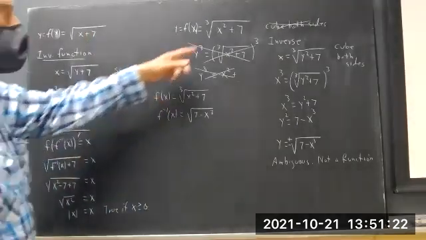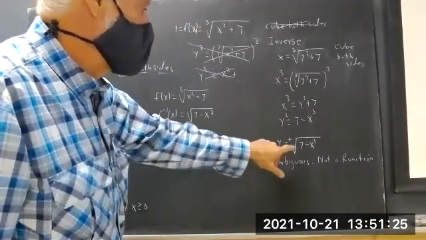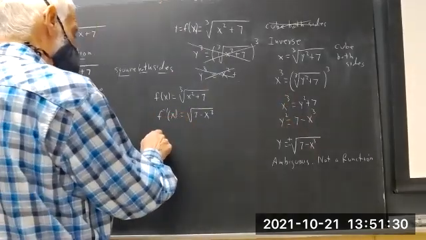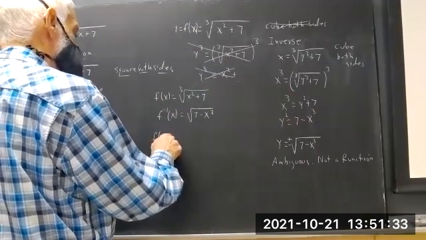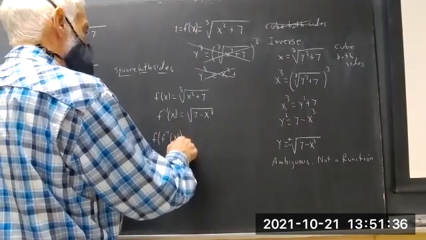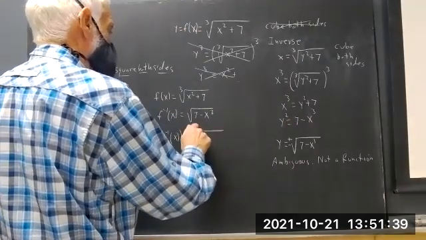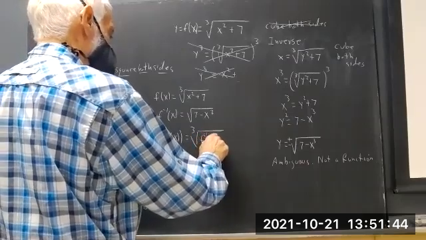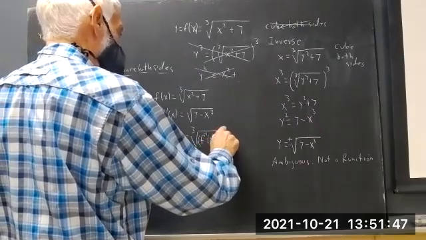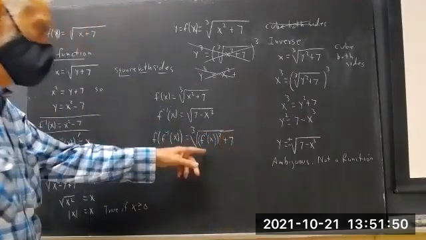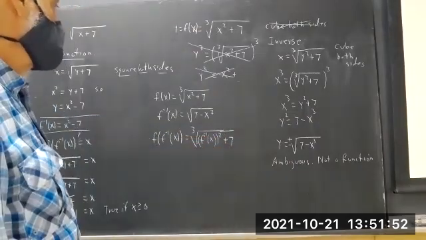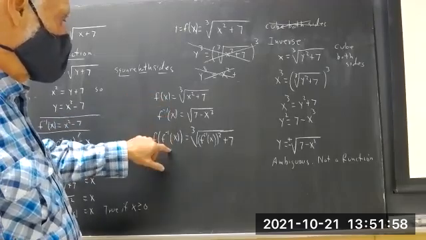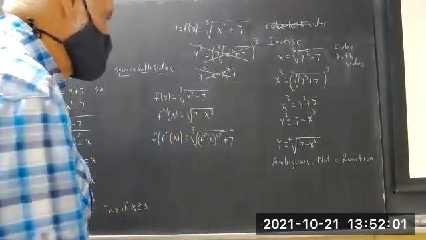f of x is this, and f inverse of x is the positive square root, and we could have easily chosen the negative square root. Then f of f inverse of x equals the cube root of f inverse of x squared plus 7, because we're substituting f inverse of x into the f function, replacing x with f inverse of x.